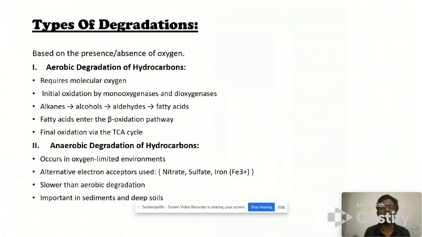In aerobic degradation of hydrocarbons, the terminal electron acceptor is oxygen, whereas in anaerobic degradation of hydrocarbons, it is alternative electron acceptors like nitrate, sulfate, or iron. But the disadvantage compared to aerobic degradation is that it is slower. And the advantage is they are important in sediments and deep soils.